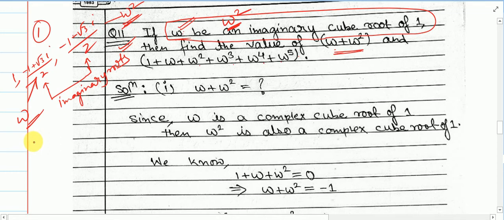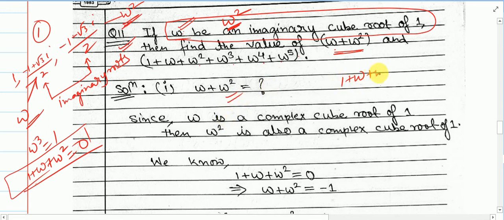After finding this value, I had given you in notes that omega cube will be 1 and 1 plus omega plus omega square is always 0. So here you can see that we are looking for omega plus omega square. And you know this relation that 1 plus omega plus omega square is equal to 0.